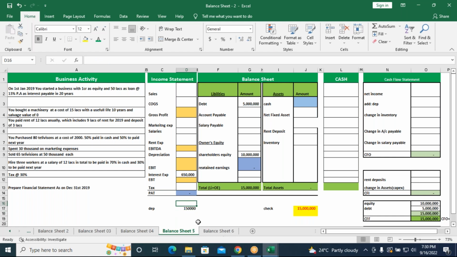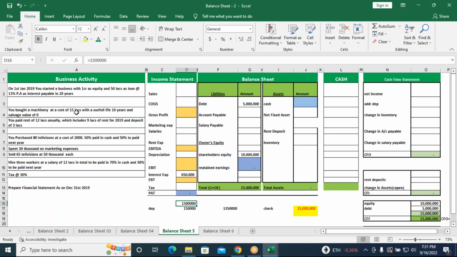So the depreciation value will be 15 lakh divided by 10. Here it will be equal to this minus this value. So net fixed asset I need to calculate.